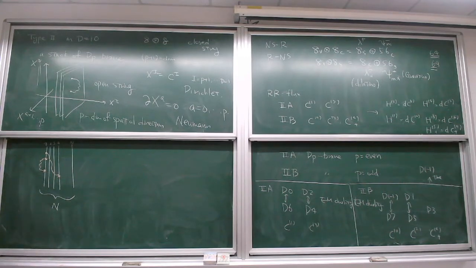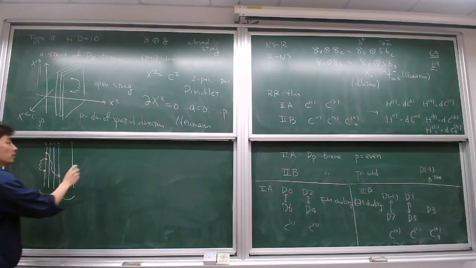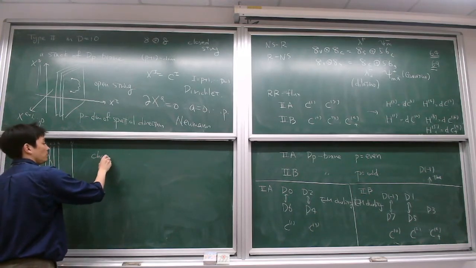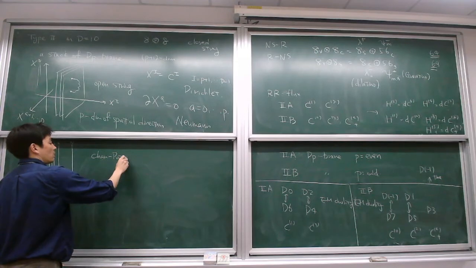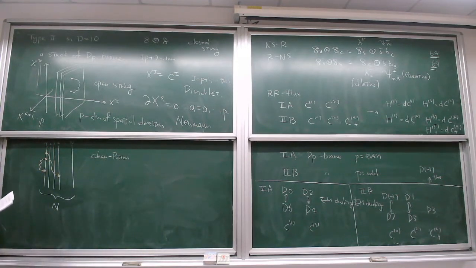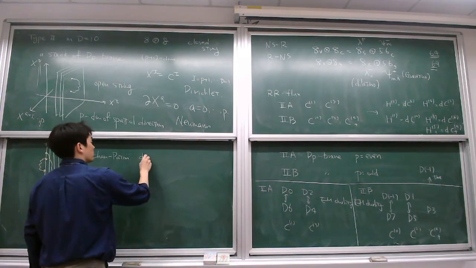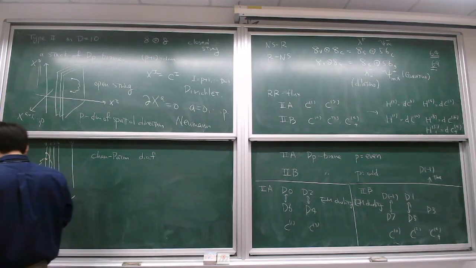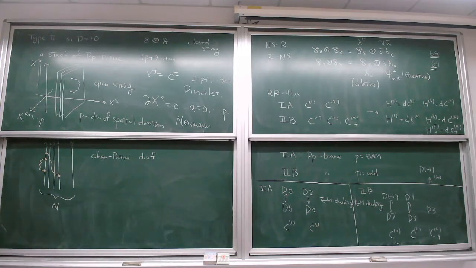And these degrees of freedom are called Chan-Paton degrees of freedom. One has to incorporate them, and exactly that will give you a non-abelian gauge field.